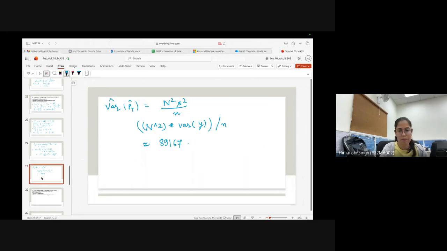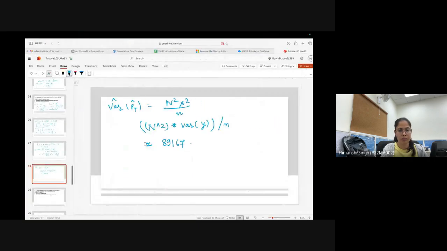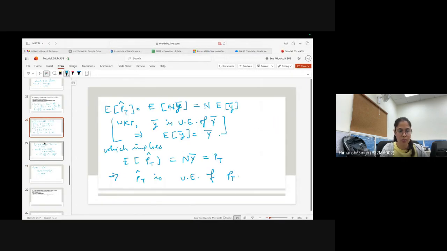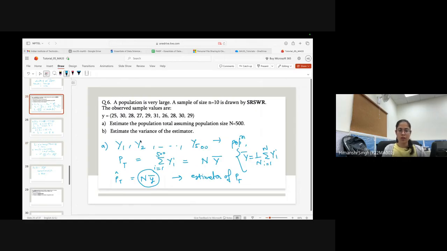I just coded these formulas here only. Okay, the second part: basically in the question I want to estimate the variance of the estimator.